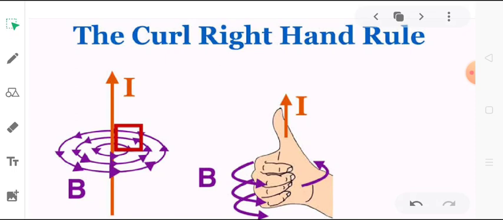With the help of this picture, you can have a very good understanding regarding what the rule is all about. It states that if we assume that we are holding a current carrying conductor in our right hand. Now at this very outset, I would like to tell you that it's just a hypothetical situation. We are not supposed to hold a current carrying conductor in our hand in any way.